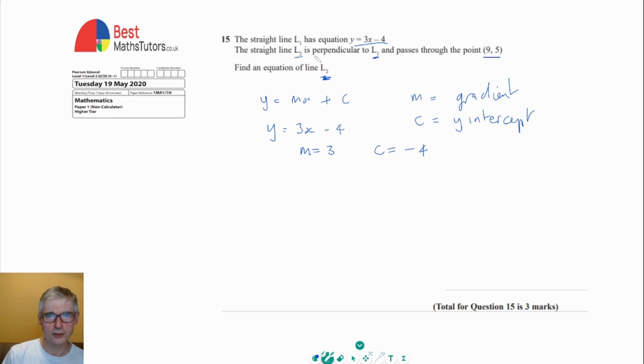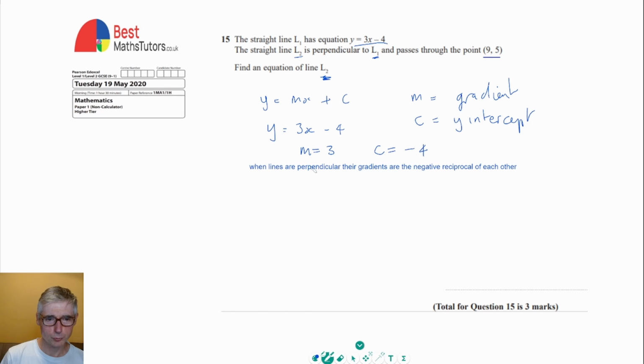There's a rule that when you've got perpendicular lines, their gradients are the negative reciprocal of each other. That sounds complicated, but the reciprocal just means turn it upside down as a fraction, and the negative means take the negative of whatever we've got.